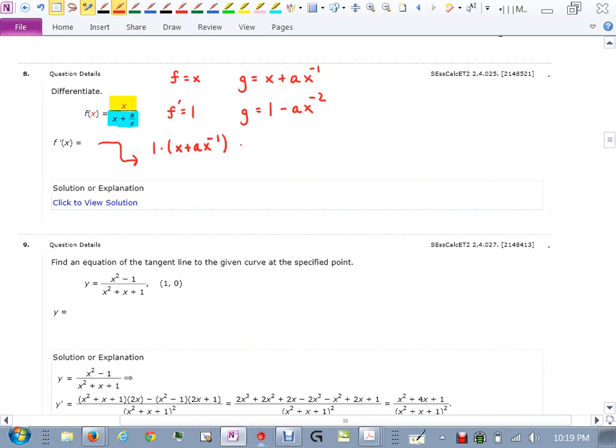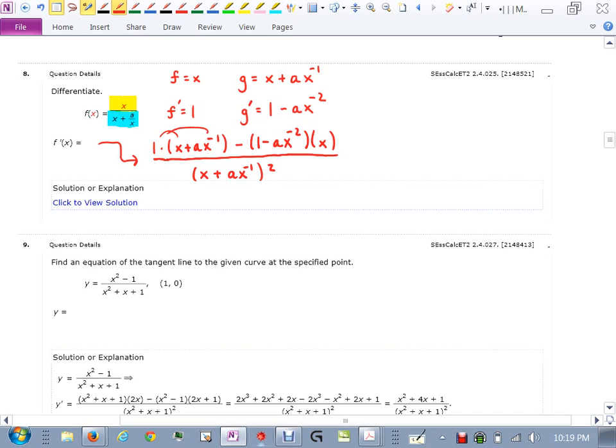Okay, and then minus the derivative of g. I forgot to put my g prime mark there, that's why. Is 1 minus a x to negative 2, and then times f, which is x, all over the g, which is x plus ax to the negative 1 squared. Ooh, this is ugly.